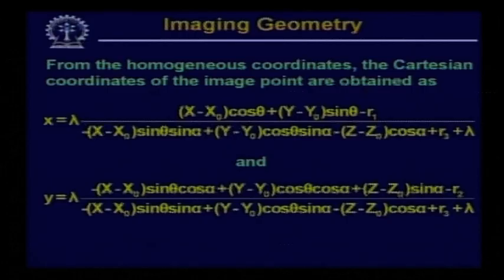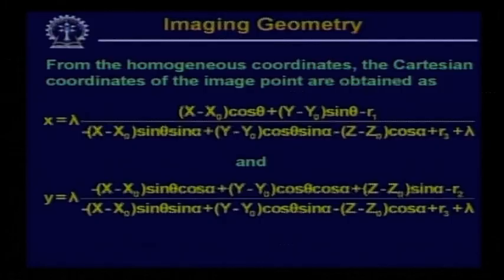You can try to derive these equations: x equal to lambda into x minus x naught cosine theta plus y minus y naught sin theta minus r 1, divided by minus x minus x naught sin theta sin alpha plus y minus y naught cosine theta sin alpha minus z naught cosine alpha plus r 3 plus lambda.